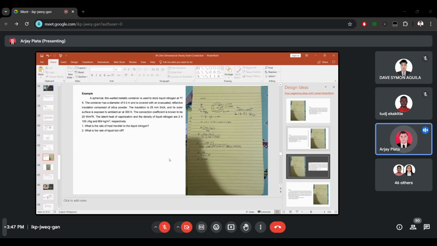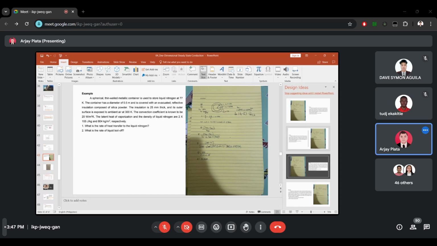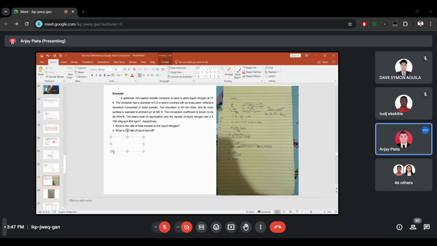So what is known in the problem? Temperature of the thin walled container.